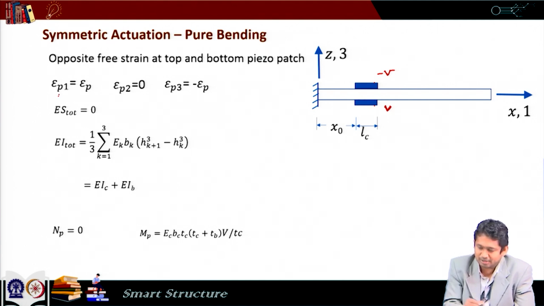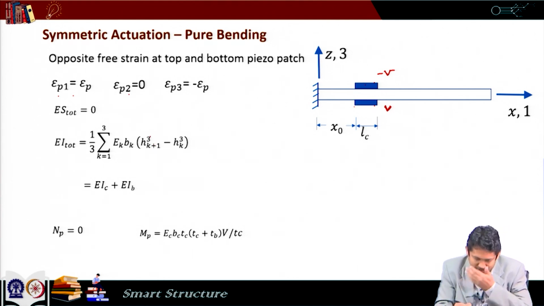So, epsilon p 1, which is the epsilon p here, is equal to epsilon p. Here we do not have any free strain, it is inert. Here we have the opposite free strain, minus epsilon p. Again the problem is symmetric with respect to geometry and material properties.